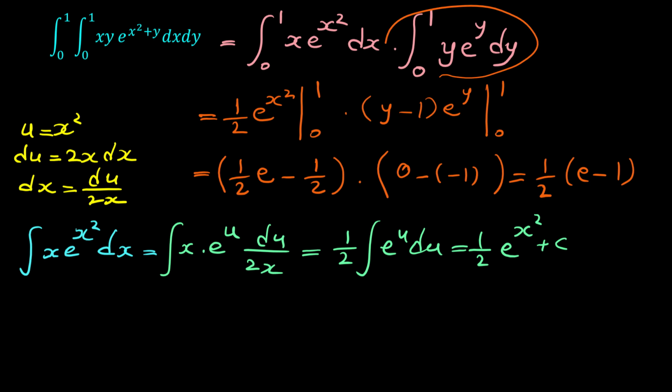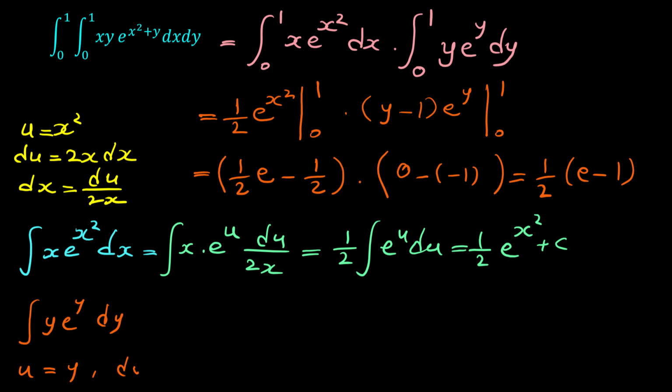What about this integral? For finding the integral of y e to the y dy, you can use integration by parts. You can suppose u as y, and dv as e to the y dy.